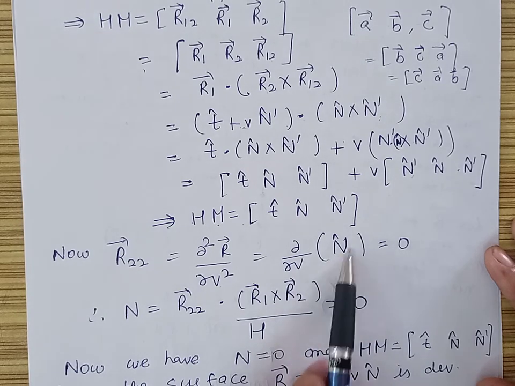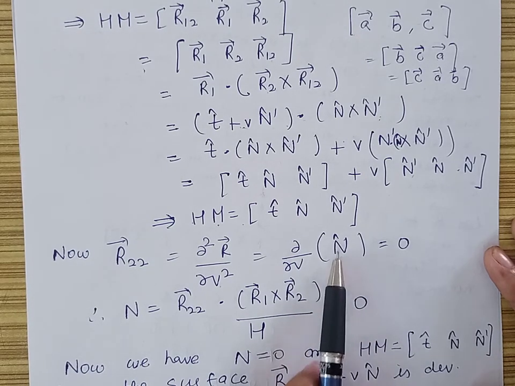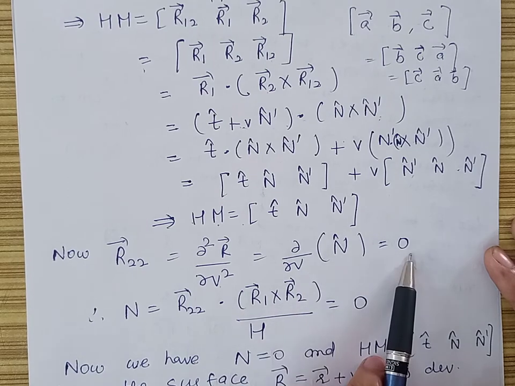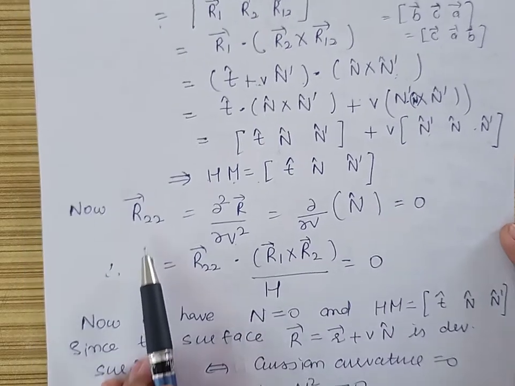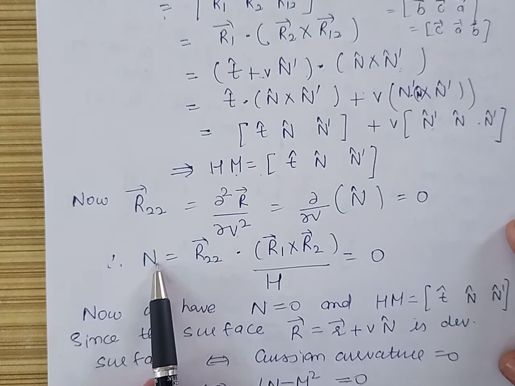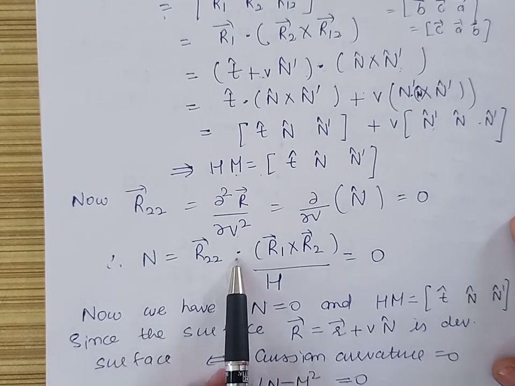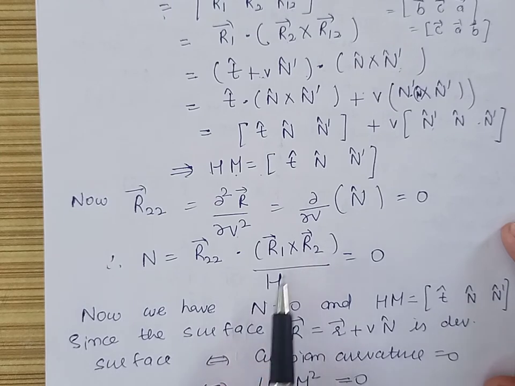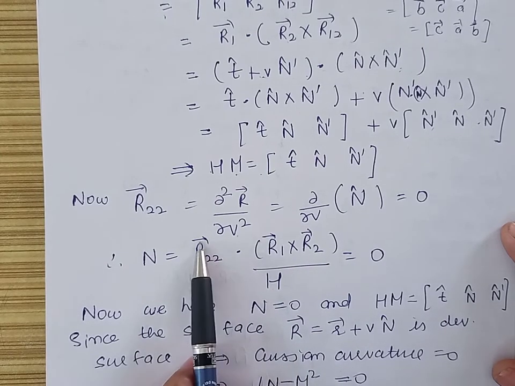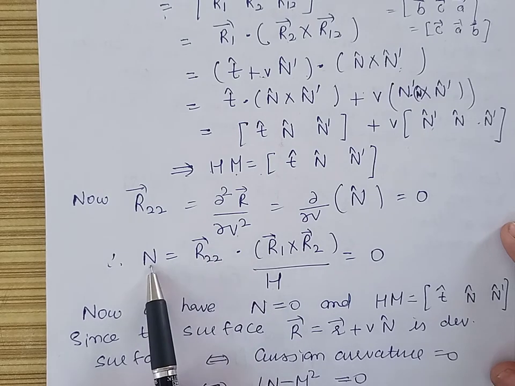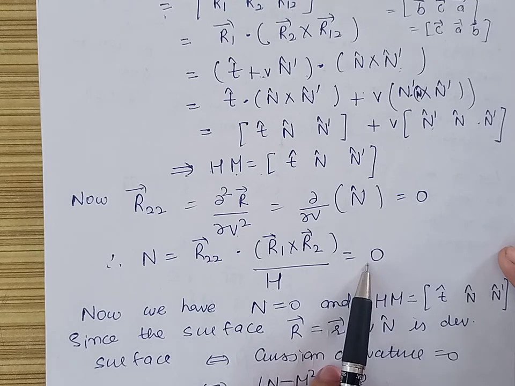But because n is the function of s only, this partial derivative will be 0. Now we can find the second fundamental magnitude n, which is by definition R22 dot R1 cross R2 divided by h. Now because this term is 0, the second order fundamental magnitude n will be 0.